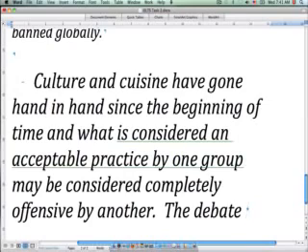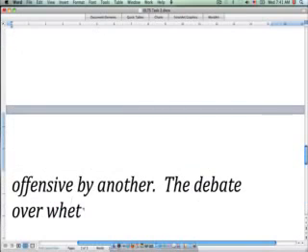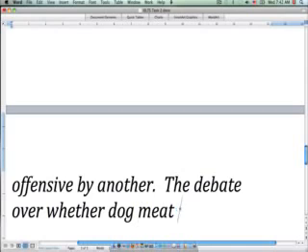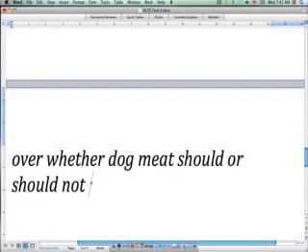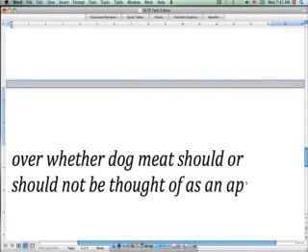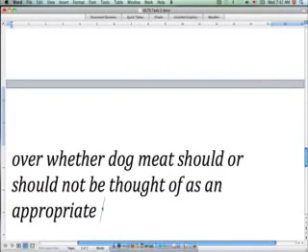So the debate over whether dog meat should or should not be thought of as an appropriate, let's call this a dietary supplement.